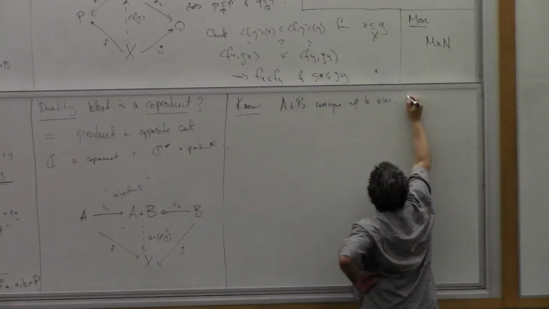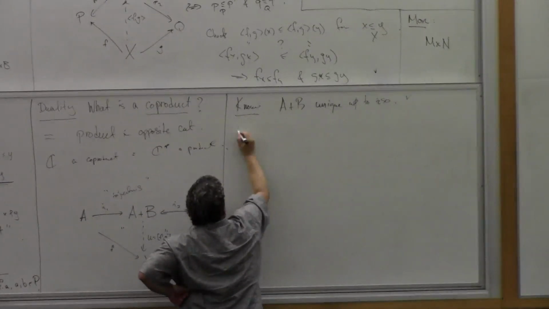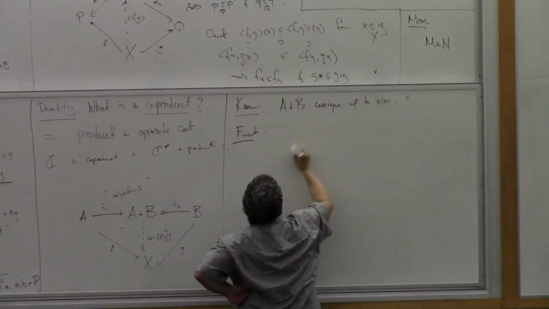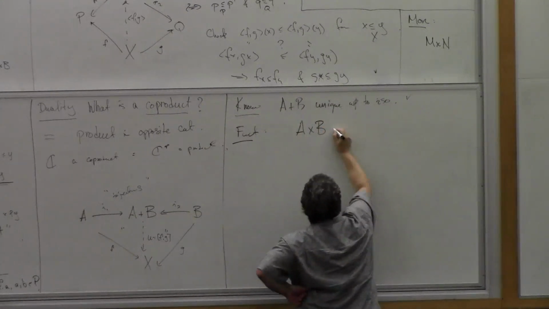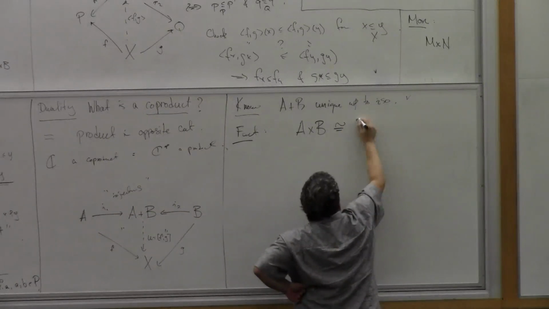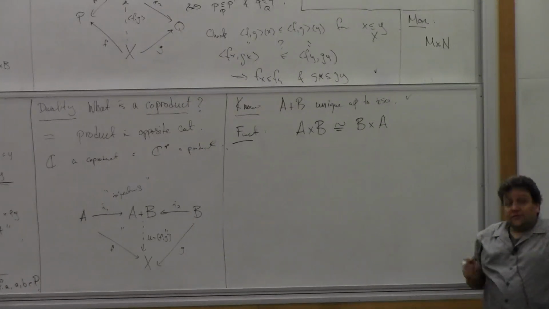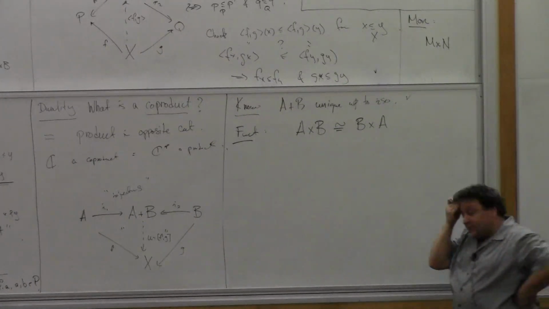So here's another thing. For example, let's show that whenever I have a product of two objects in a category, there's a canonical isomorphism between these objects like that. So products are commutative up to isomorphism.